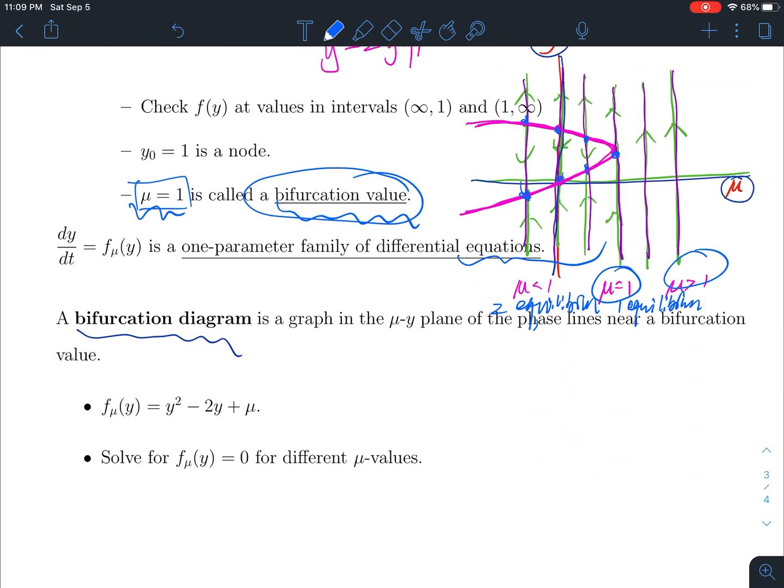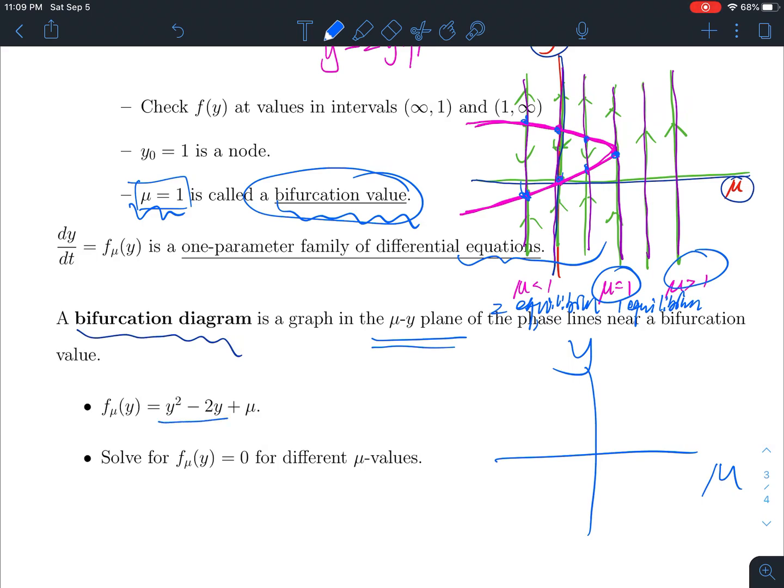So given a differential equation with one parameter, we construct a coordinate system where the horizontal axis is the parameter and the vertical axis is y.